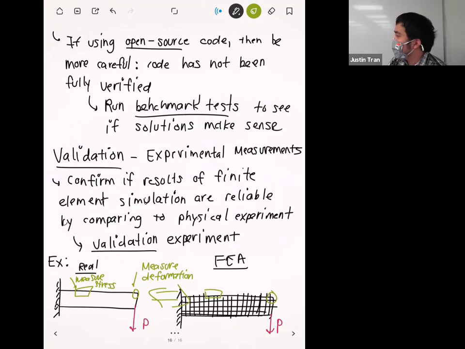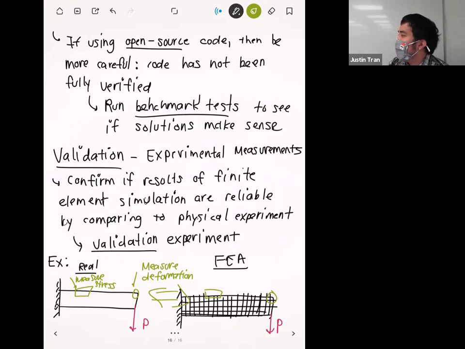And this is really important, because if your FEA simulation is not getting the same thing as reality, then it's not really going to be that useful, right? A lot of the things that we use FEA for, engineering design and engineering analysis, are built on the fact that what we're simulating in FEA is a good representation of reality.